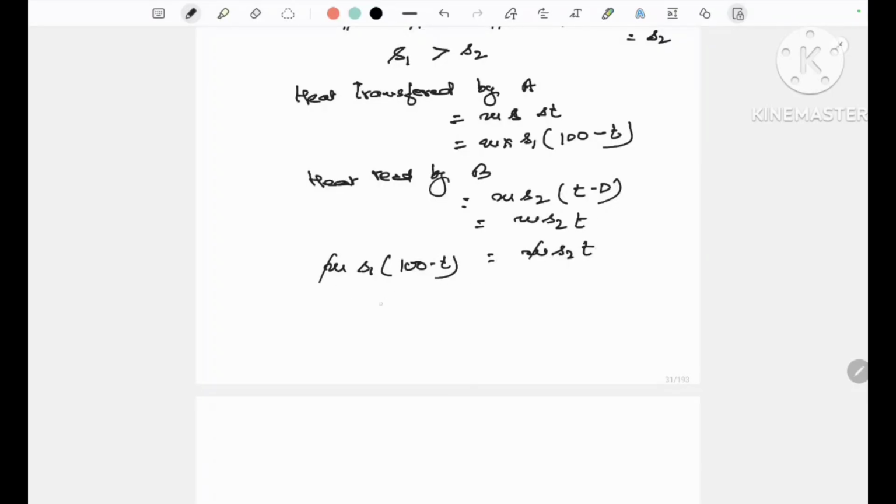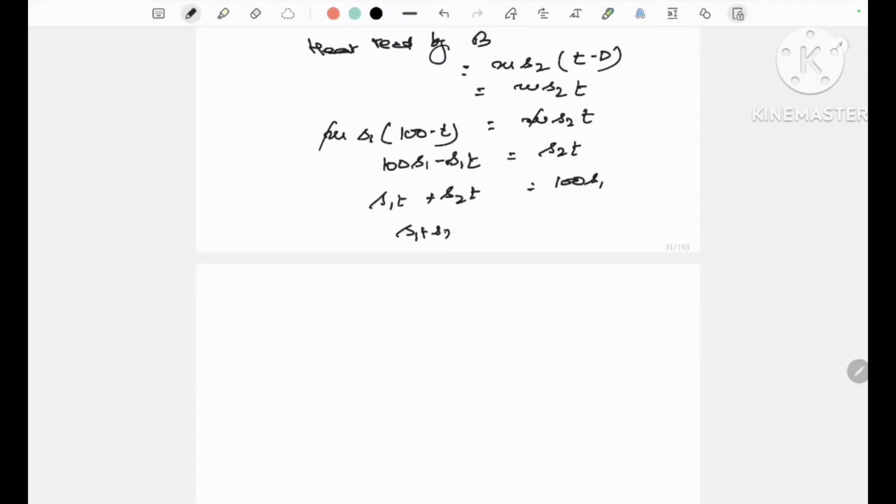m cancels with m. 100 S1 minus S1 T is equal to S2 T, or S1 T plus S2 T is equal to 100 S1.